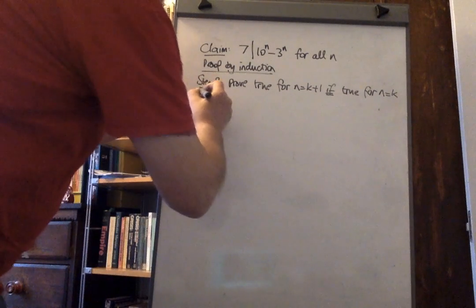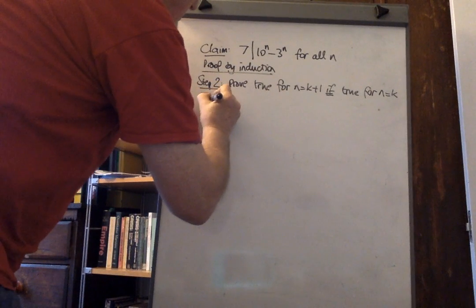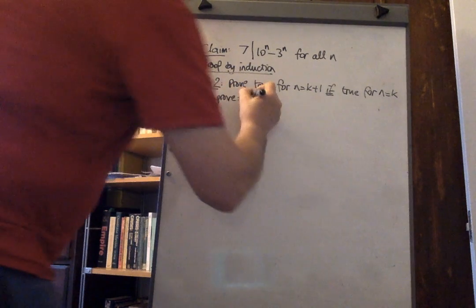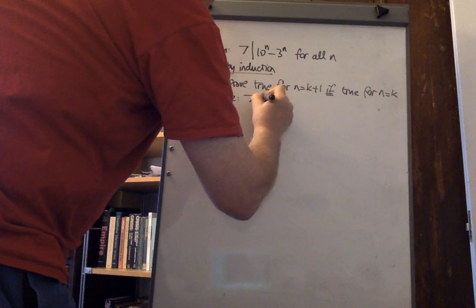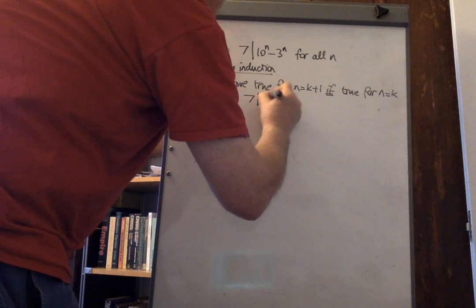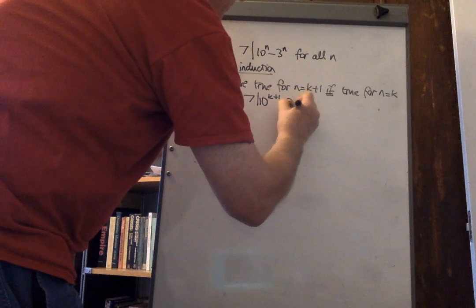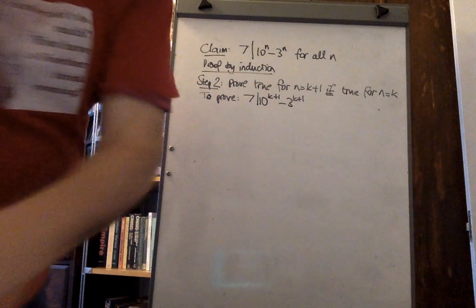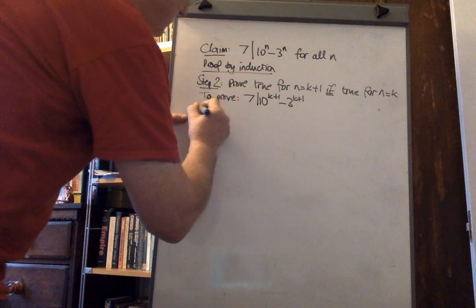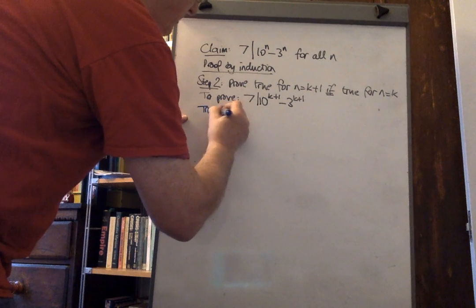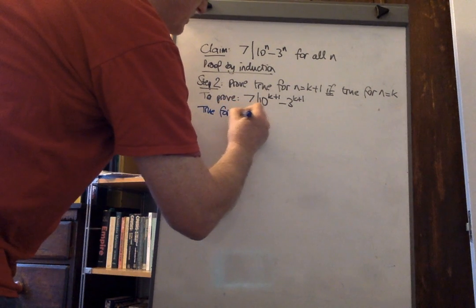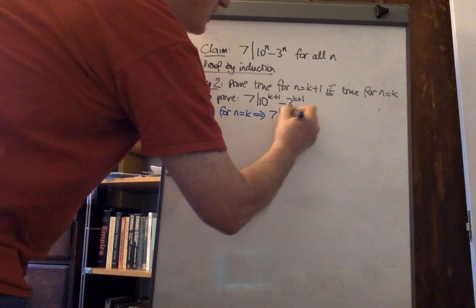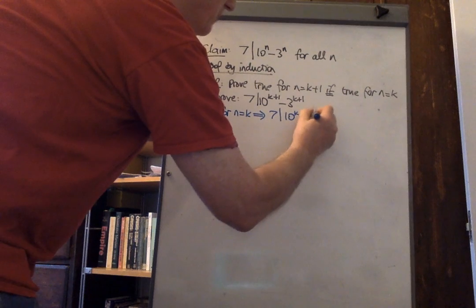In step 2, we want to prove that 7 divides 10 to the k plus 1 minus 3 to the k plus 1. That's the thing we want to prove, and what we're starting off from is, for the sake of argument, that 7 divides into 10 to the k minus 3 to the k.